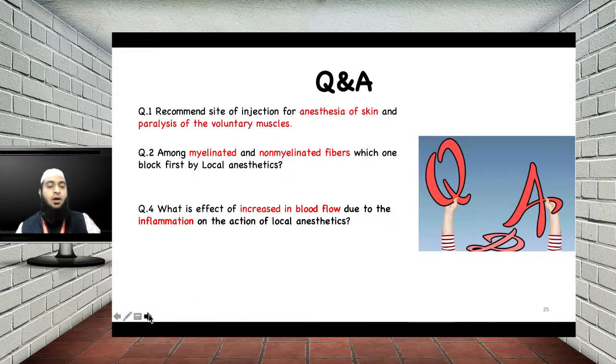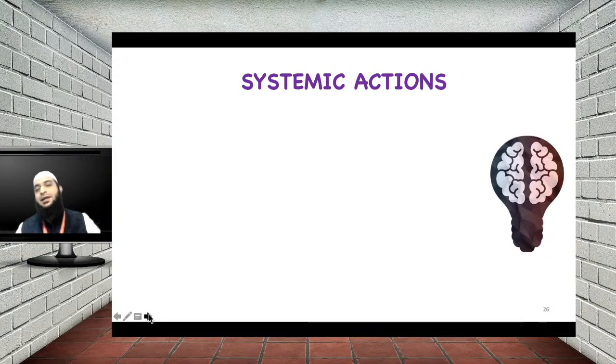Okay. But what if these local anesthetics are absorbed into the systemic circulation, right? So we'll try to cover the systemic action and some part of the pharmacokinetics of local anesthetics in today's session. Do remember that if local anesthetics are highly lipidic in nature, as we have seen in yesterday's lecture, especially the aromatic group, it increases the lipophilicity of the drug.